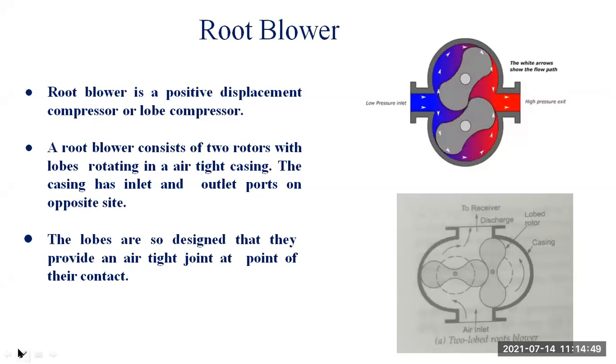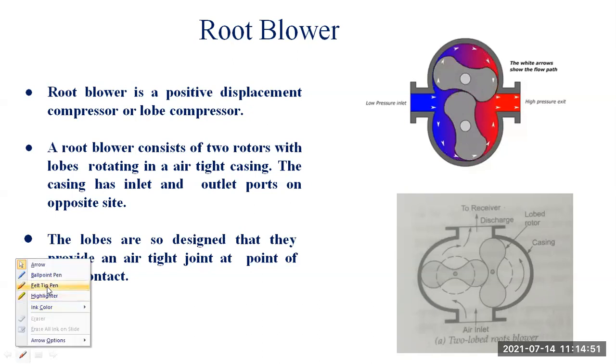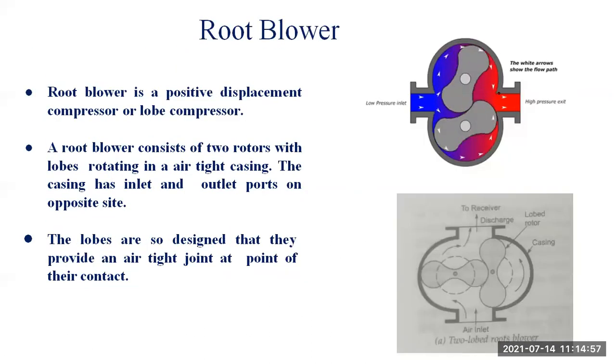So this is the root blower. We are going to start with root blower compressor. Once again, I am telling you it is most important from the exam point of view. Many times they have asked this question.